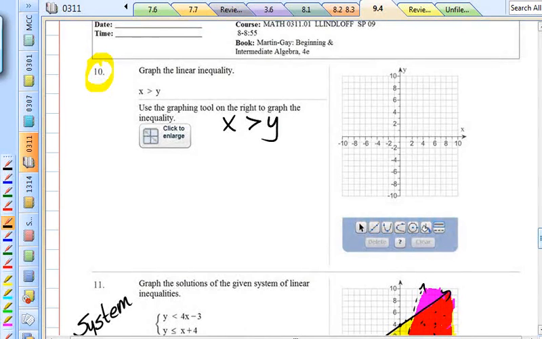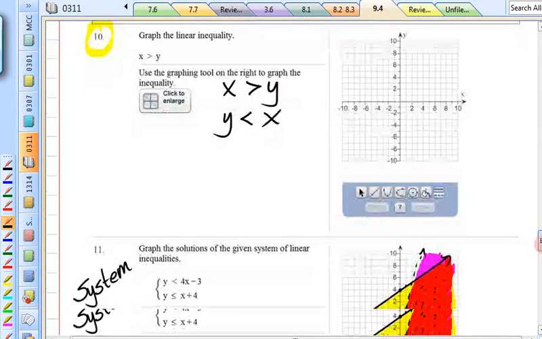I'm talking about it from y's perspective, which means that I really need this inequality turned around. I need y on the left. So if x is greater than y, then doesn't it hold that y is less than x? I have to turn the entire inequality around.